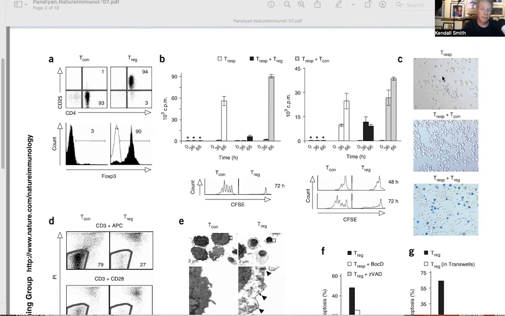So here we have just the responders. Here we have the responders and the control cells. And here we have the responders and the regulatory T cells. And you see all of these blue cells here are dead and dying cells. That's really what you need to take away from this particular figure.